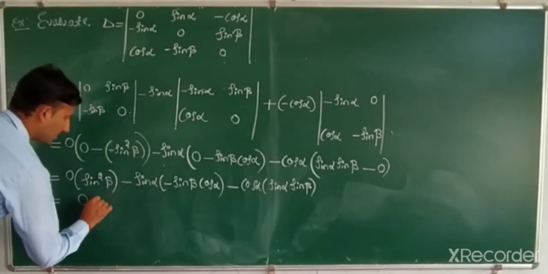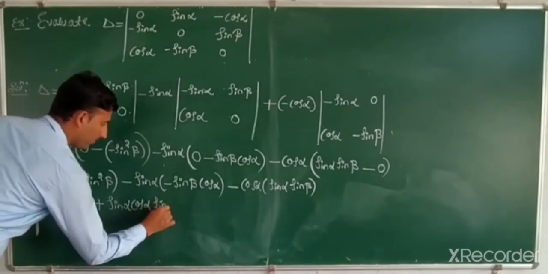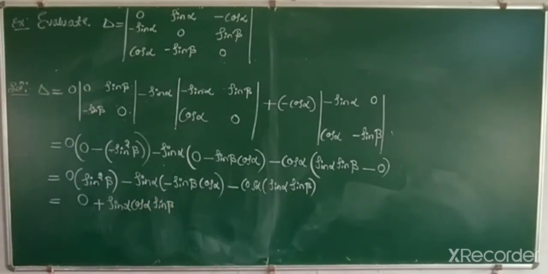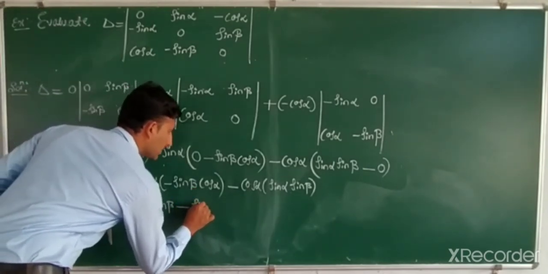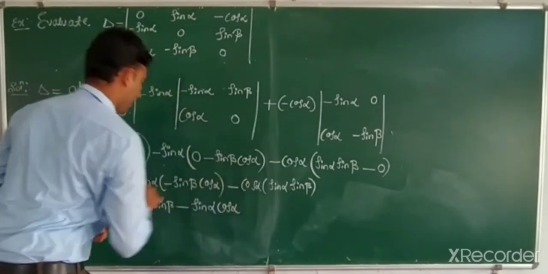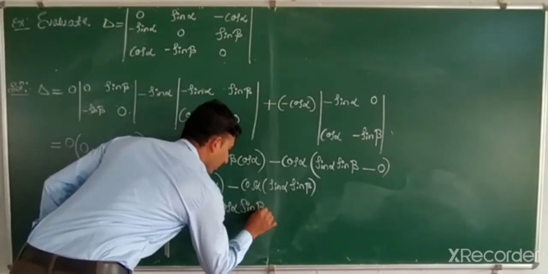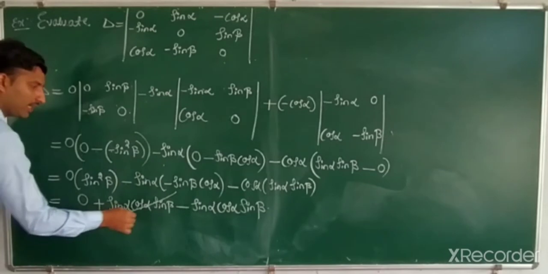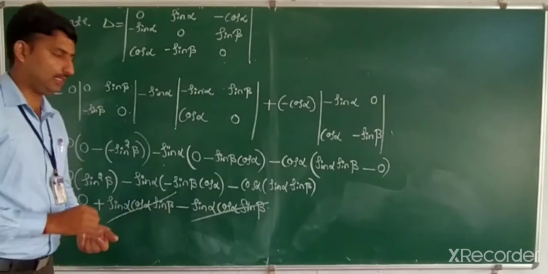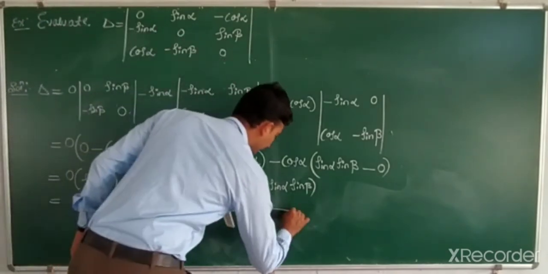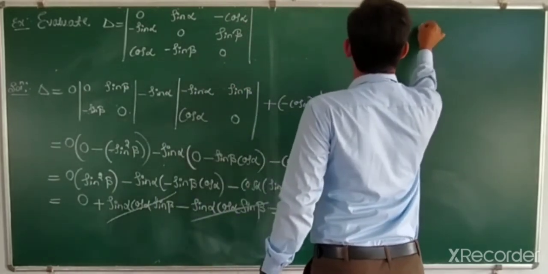After that, minus into minus plus becomes sin alpha cos alpha sin beta, minus sin alpha cos alpha sin beta. Correct? These values are exactly opposite because of the different signs. First is plus, there will be minus; plus and minus cancel out. The result should be 0. Therefore delta is equal to 0.